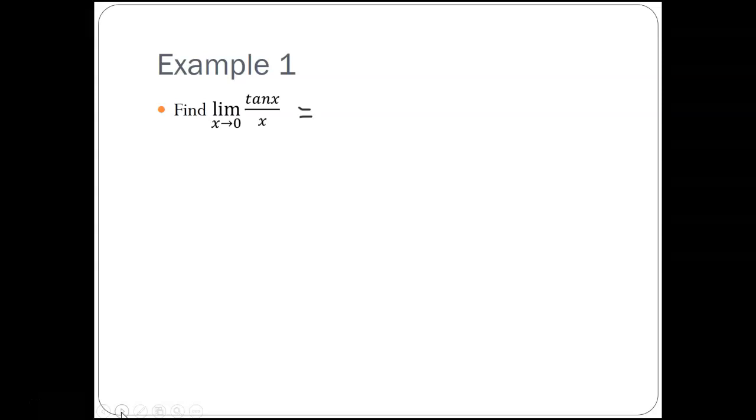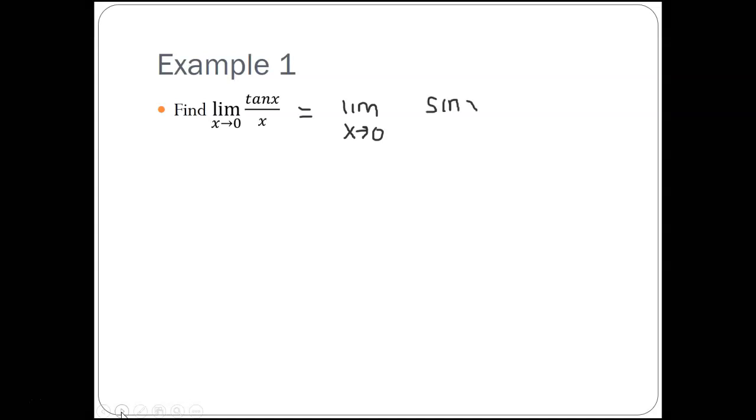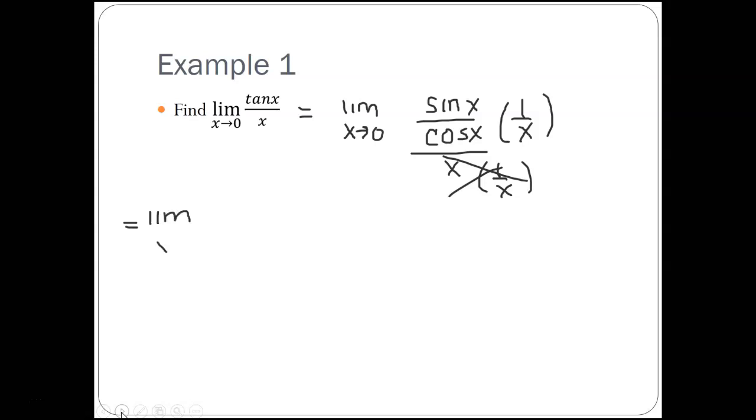So we're going to rewrite tangent for what it is, sine over cosine. And we know we can't have a fraction in a fraction, so we're going to get rid of that denominator fraction. And we get the limit as x approaches 0 of sine x over cosine x times x.